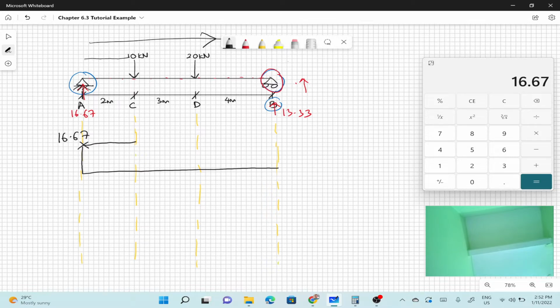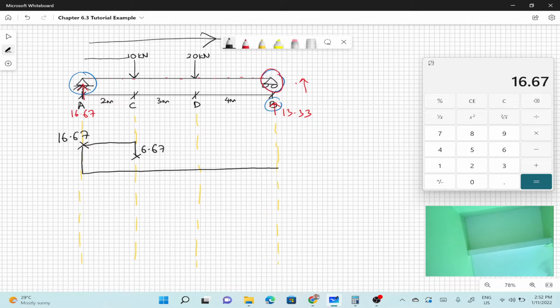But once you get to C, you're going to get minus, because it's going downward, meaning that you are paying the toll. So upward, you get money, and going downward, it means you have to pay the toll. Let's assume that is minus 10. At the beginning you have 16.67 ringgit. Now after you get to point C, you have minus 10 ringgit, and then we're left with 6.67.